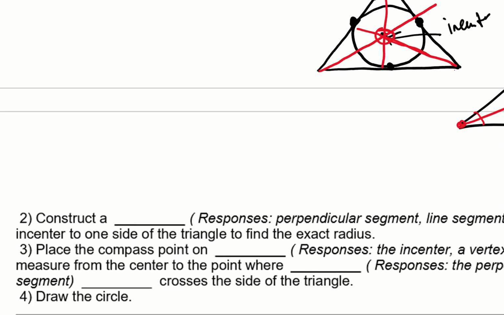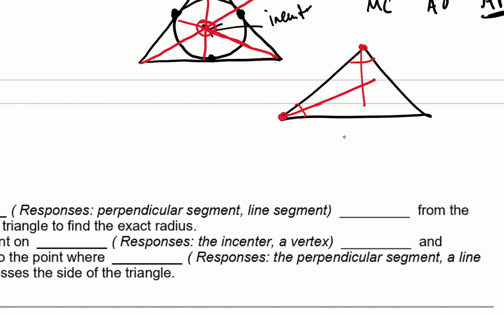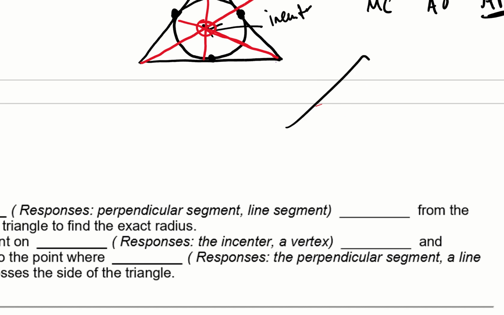Next thing what you want to do is, once you construct these 2 angle bisectors, you now know where your incenter is at. And then once you find that incenter, let's say the incenter is here, then what you need to do is you need to figure out the distance from the incenter to one of the sides of the triangle. And you need the shortest distance possible.